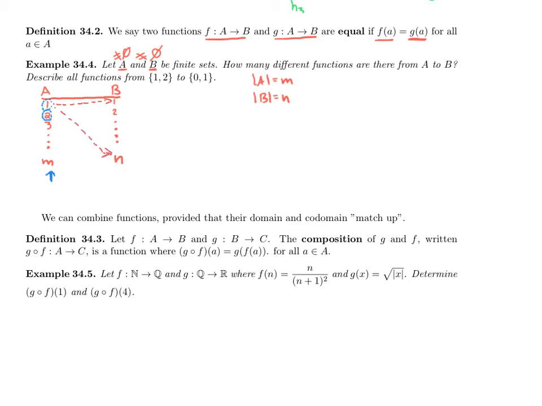So the number of different choices for the output when you plug 1 into your function is N. There are N choices. So let's say number of functions. Well, there's N choices for the output for 1.